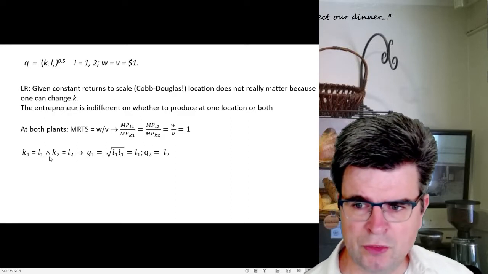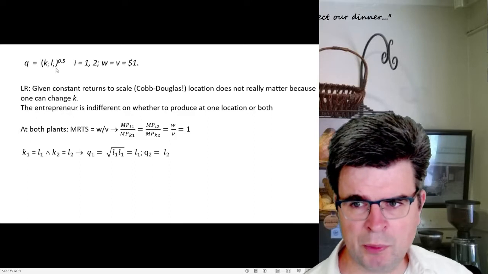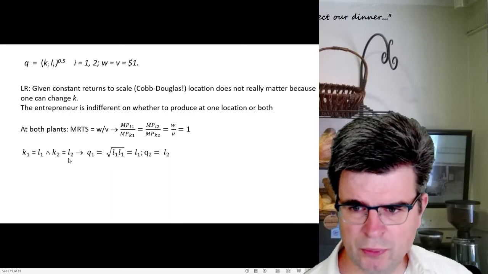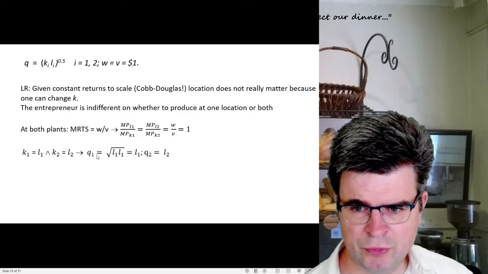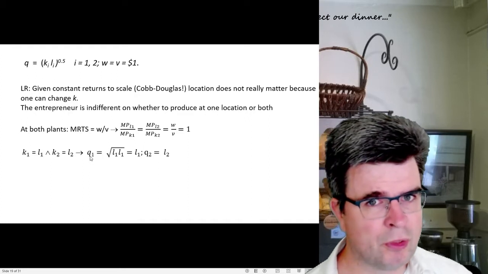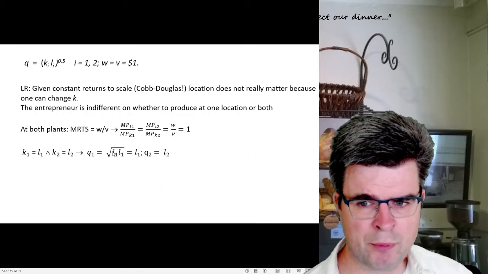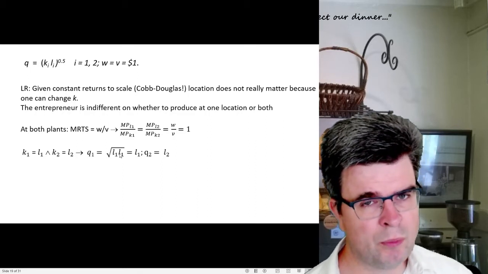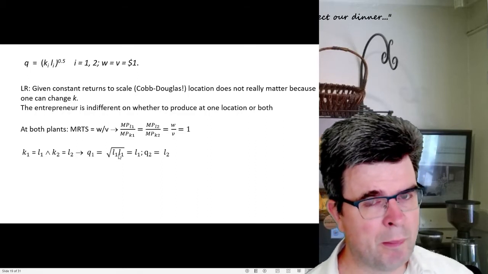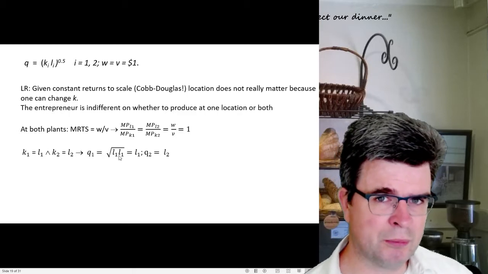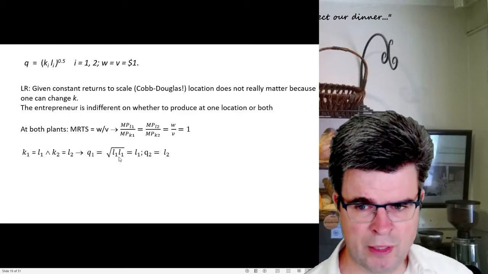So inserting that again into the production function, you can replace K1 with L1. So the output of plant 1, say, is identical in the long run to the square root of L1 times L1, because we apply the same number of units of capital as we have the number of units of labor.